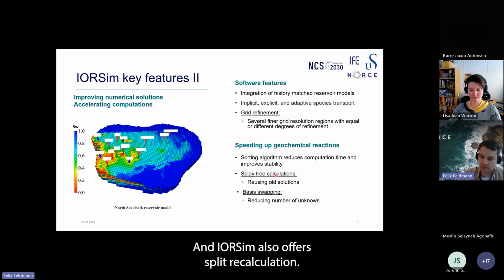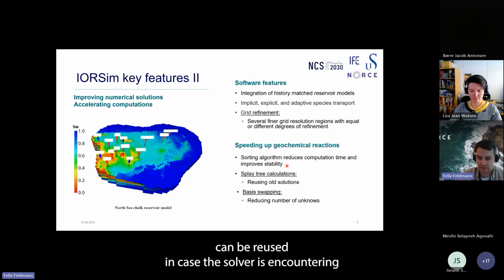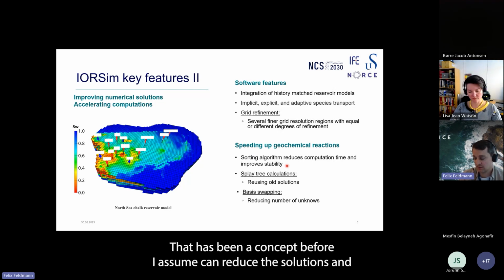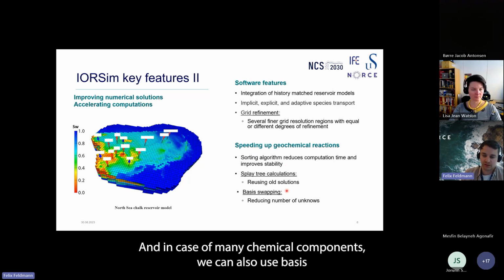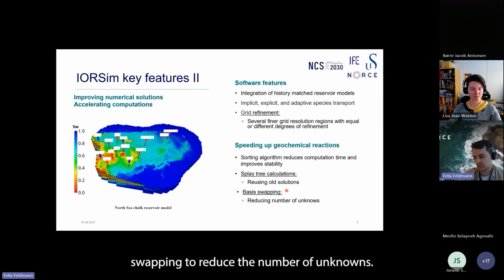And IORSim also offers splay tree calculation, so old solutions can be reused in case the solver is encountering chemical equilibriums that have been encountered before. IORSim can reuse the old solutions and reduce the computation times. And in case of many chemical components, we can also use basis swapping to reduce the number of unknowns.